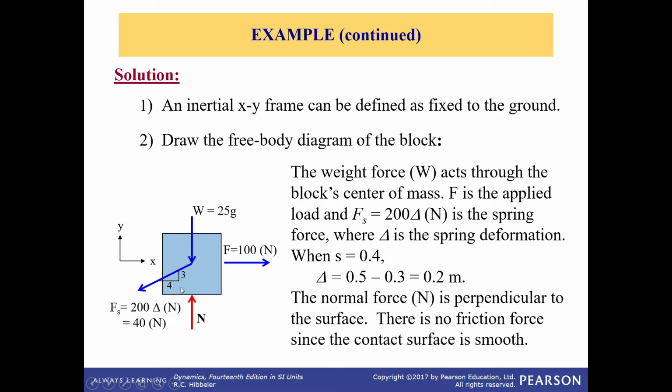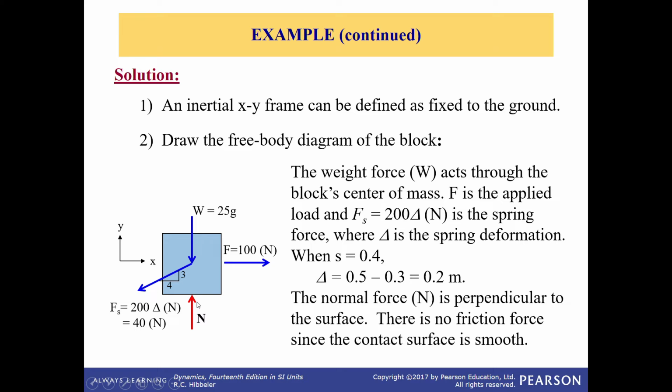Once the block is laying on the ground, we have another force, which is the normal force. Why normal? Because the normal force always points 90 degrees from the ground.